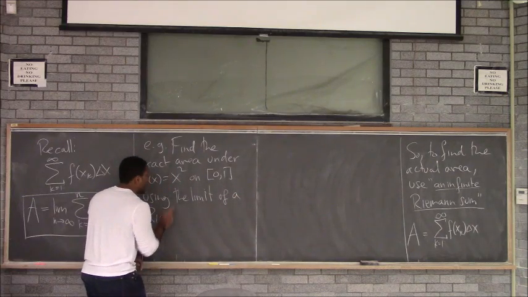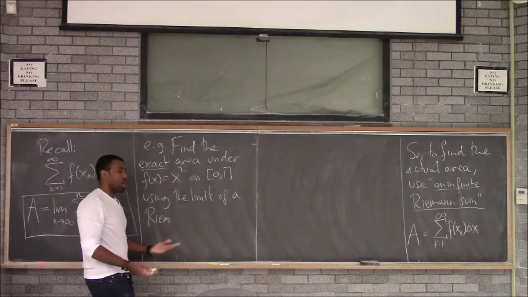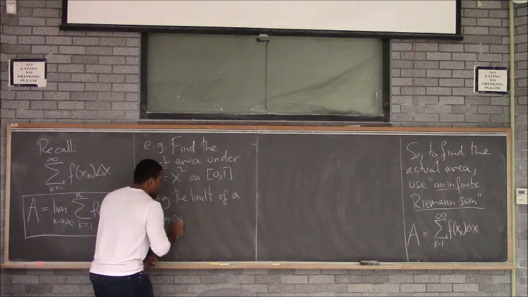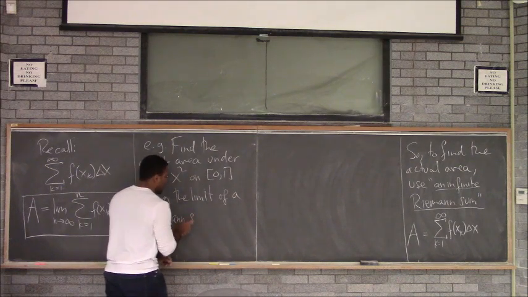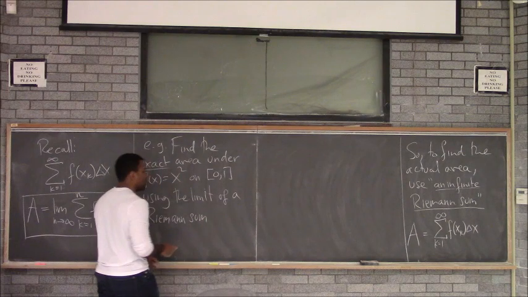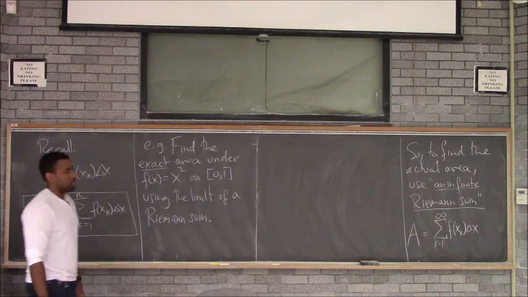But once they ask you for the exact area, they didn't ask you to approximate the area. You know you want something like this, if you have to do it using a Riemann sum.